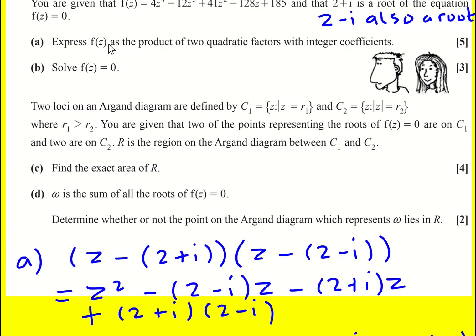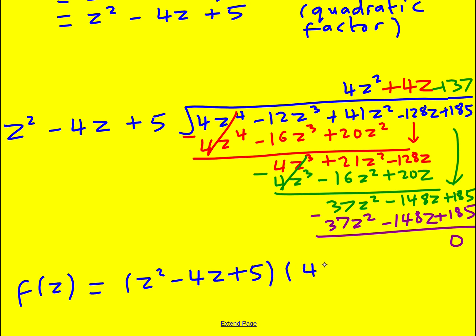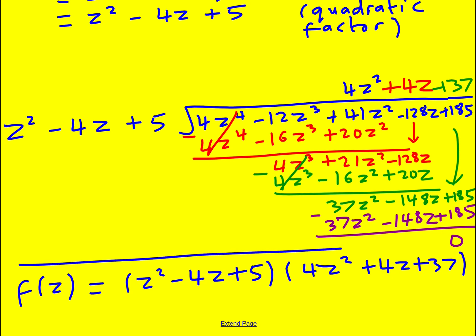This is really going to help us for part B. But f(z) is equal to this quadratic factor times this one. That's our answer to part A.